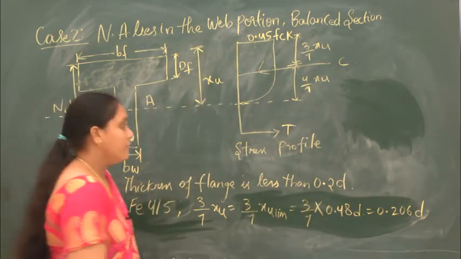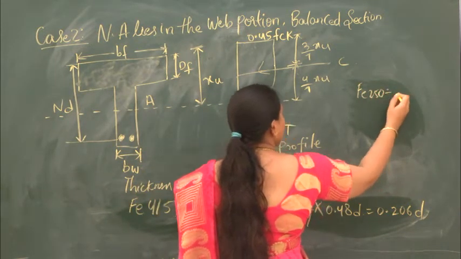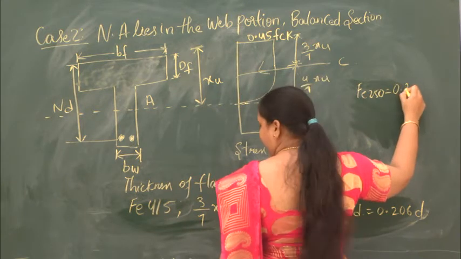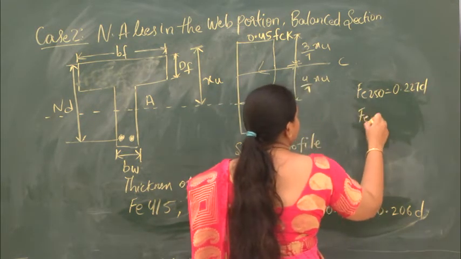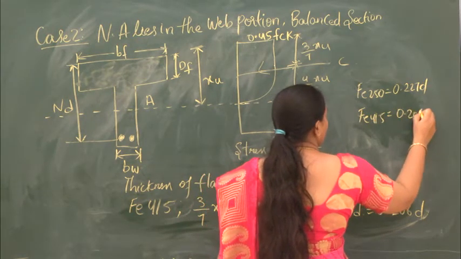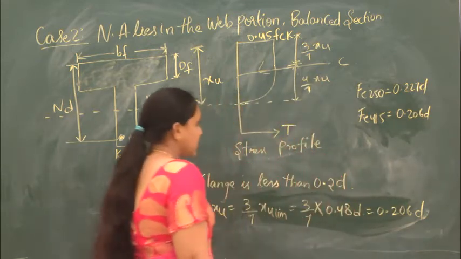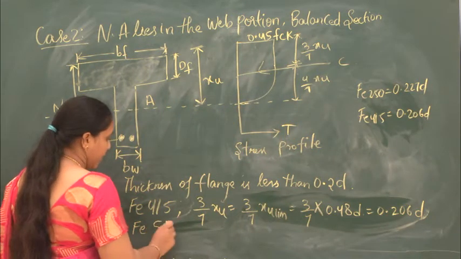Okay. So for Fe250, what is the value we got? For Fe250, the value we got is 0.227d. For Fe415, what is the value we got? We got it as 0.26d. In a similar way, let us find out for Fe500.